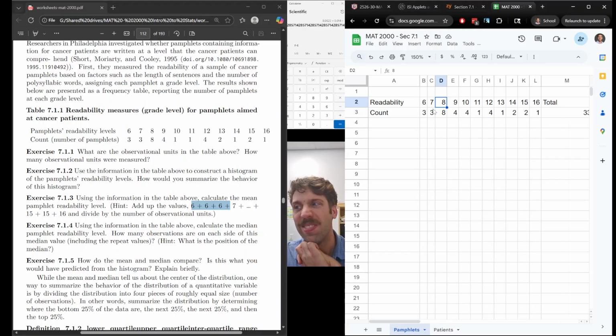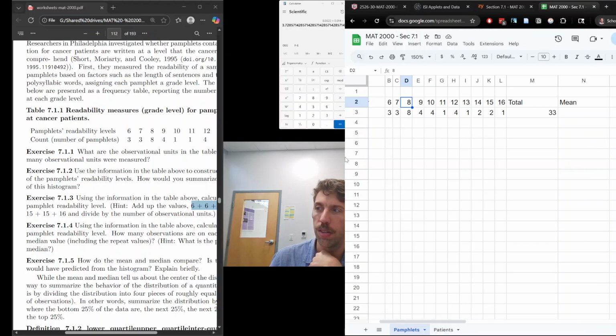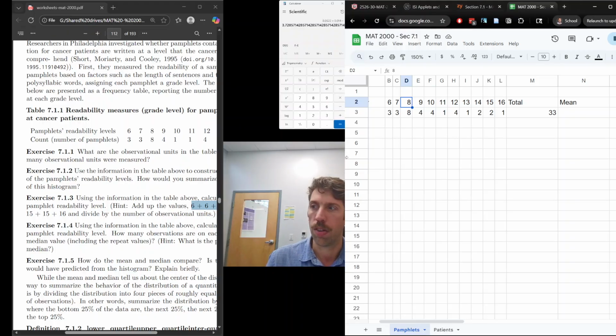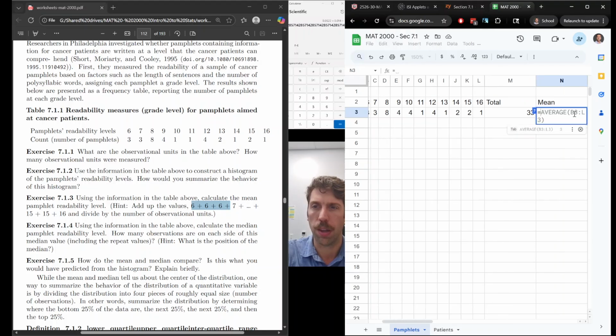That's going to be a pain unless you use a spreadsheet. I'm going to change this, but that's not good because now you can't see part of my spreadsheet, so I'll change that back. Now what I'm going to do is have this equal to SUMPRODUCT.